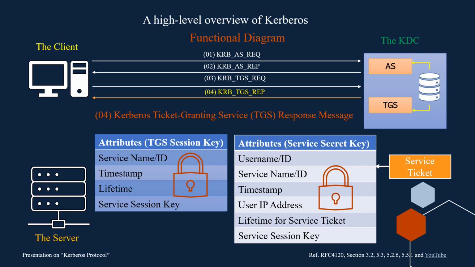Now, when the client receives these two messages, it knows the TGS session key, since it received the TGS session key in the reply from the authentication server. It can decrypt the first message with the TGS session key. It sees the service name or ID, timestamp, lifetime, and the service session key of the ticket.